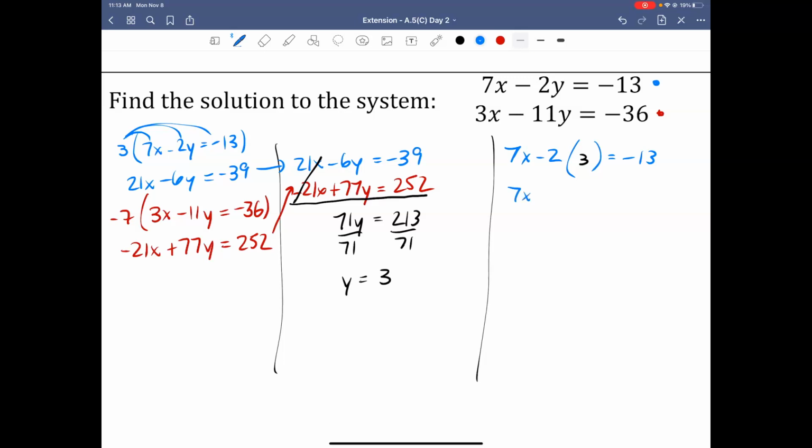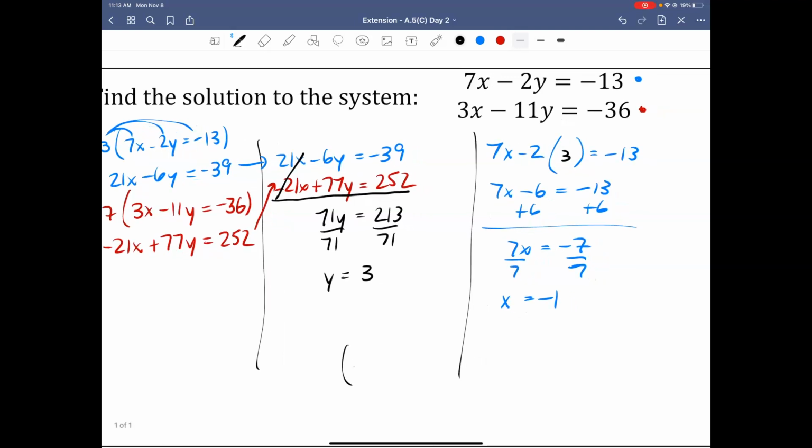So what we have is 7x minus 6 is equal to -13. Adding 6 to both sides will give us 7x is equal to -7. And dividing both sides by 7 will give us x is equal to -1, which tells me that the solution for this system of equations is the ordered pair -1, 3.